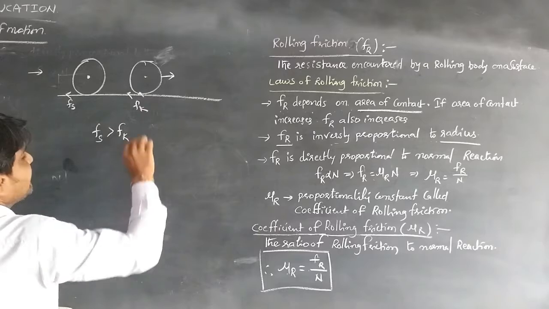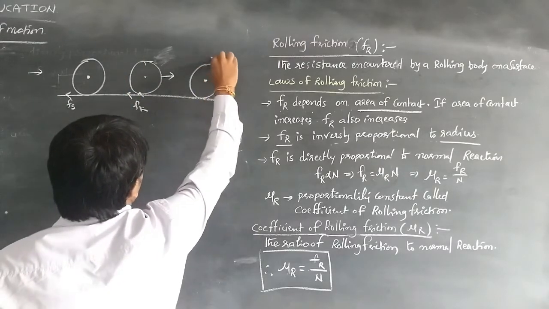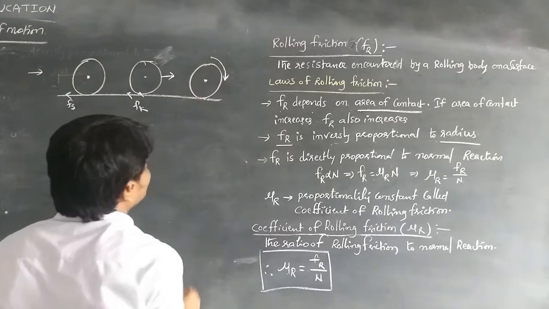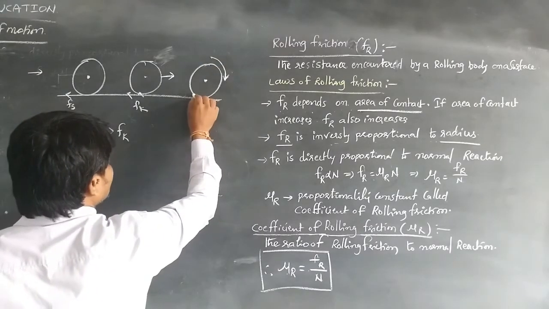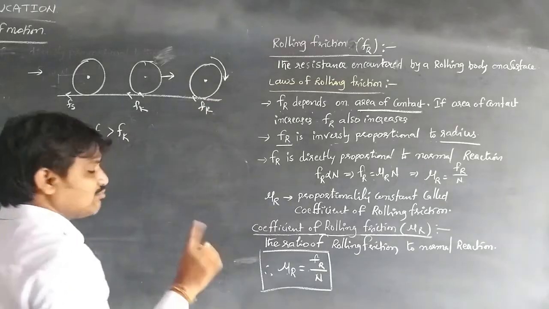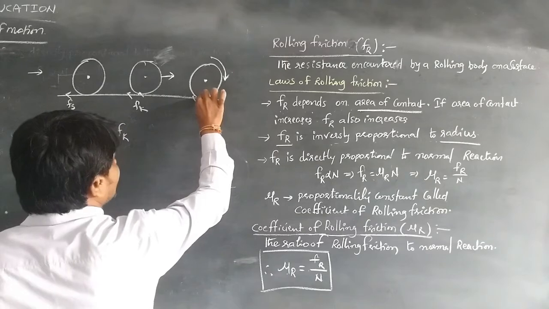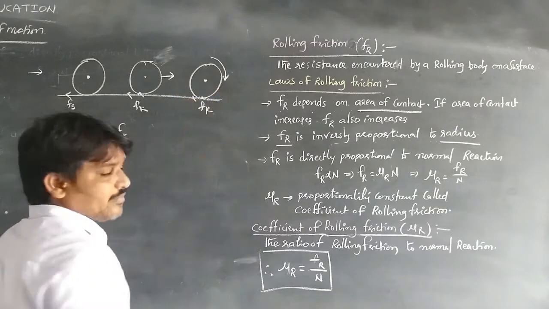We know that in the case of a body that is rolling, with motion like this, rolling friction is also offered in the opposite direction, but at the point of contact the particle's velocity is 0.